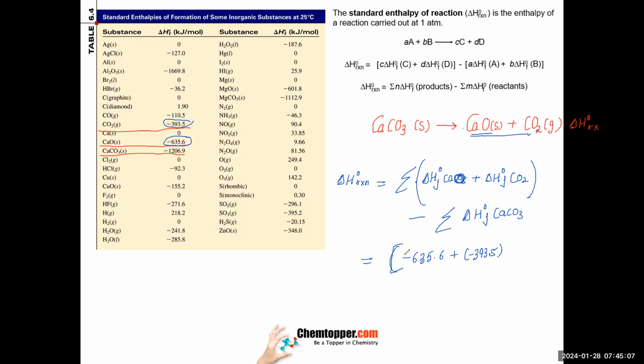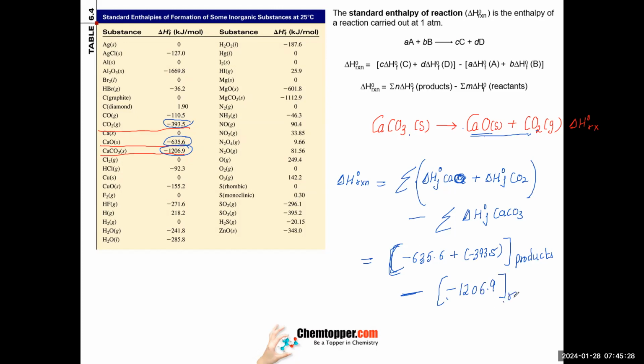So this is of the products. Minus reactants. Reactant is only one, calcium carbonate, and its value is given here, minus 1206.9.